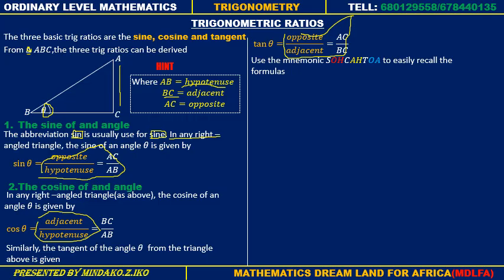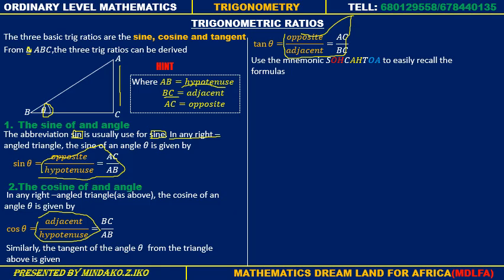For example, I can just ask you now, what is the sine of an angle of a right angle triangle? It's the opposite over the hypotenuse. But you cannot just give me all of them at once. So the best way that you can easily recall all of them is by using the mnemonic SOHCAHTOA.